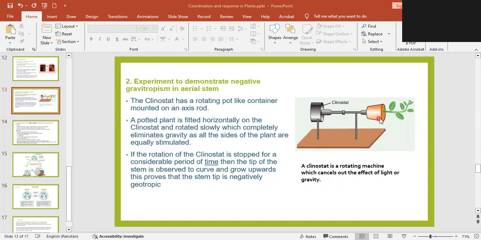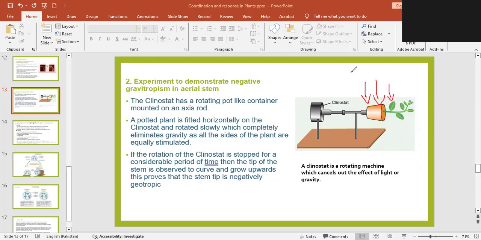Like I have placed this pot of plant in a horizontal condition, and this is a clinostat, means it rotates. This pot will keep on rotating. So if it rotates, and if there is any sunlight falling over it, for example, this is a source of light we have provided.